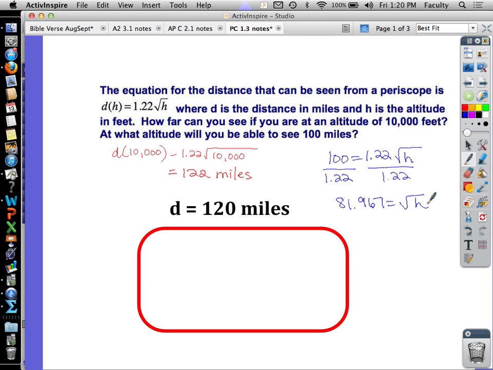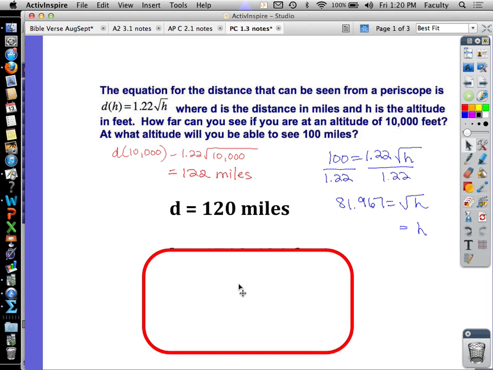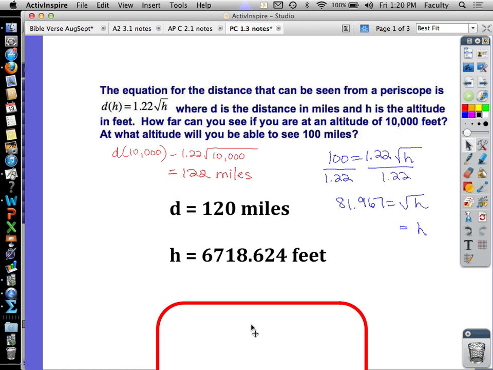Square it. So guess what? With that on my screen, just press x squared, and it pulls it up for you. So I square both sides, and we get 6,718.624 feet. Remember we talked about rounding 3 places?